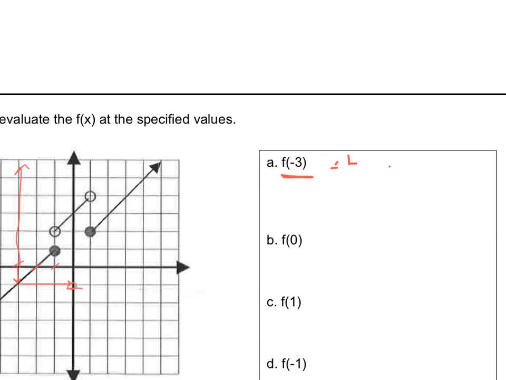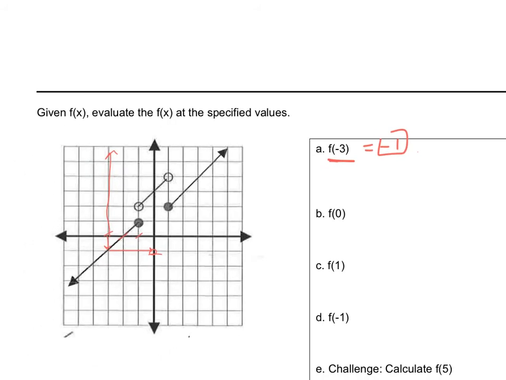One second, let me erase. You should try to do the next few by yourself. Now we're going to calculate f of 0. So this is 0 right here. I'll make it blue. And I go up. And I hit 1, 2, 3.